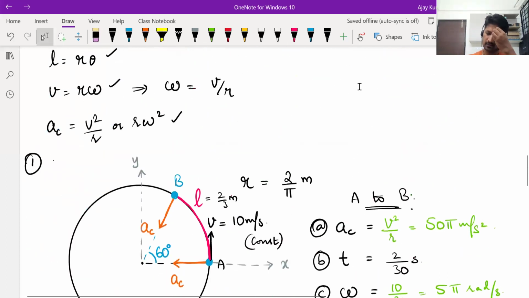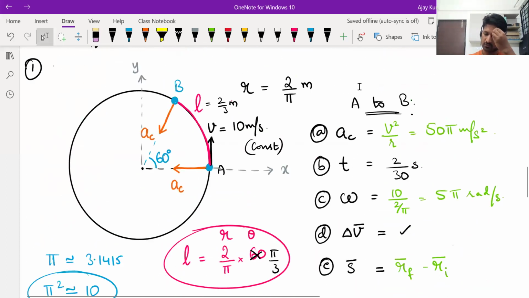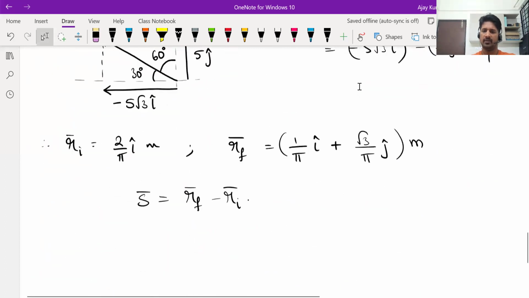Right. So you know the time it takes to go from A to B, you know the change in velocity and all those things. Can one of you tell me, with change in velocity and time, what can be calculated? What can we calculate from change in velocity and time interval?